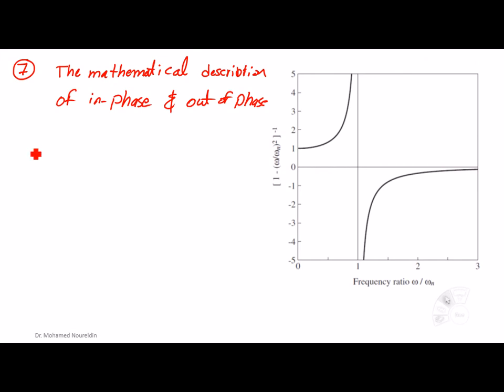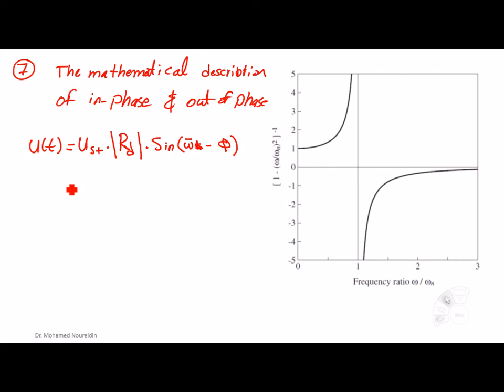We can say that u of t equals u static, which is the maximum static displacement, times the absolute value of RD, because we have this 1 over 1 minus omega bar over omega n squared, times sine of omega bar t minus something that we're going to add called phi.